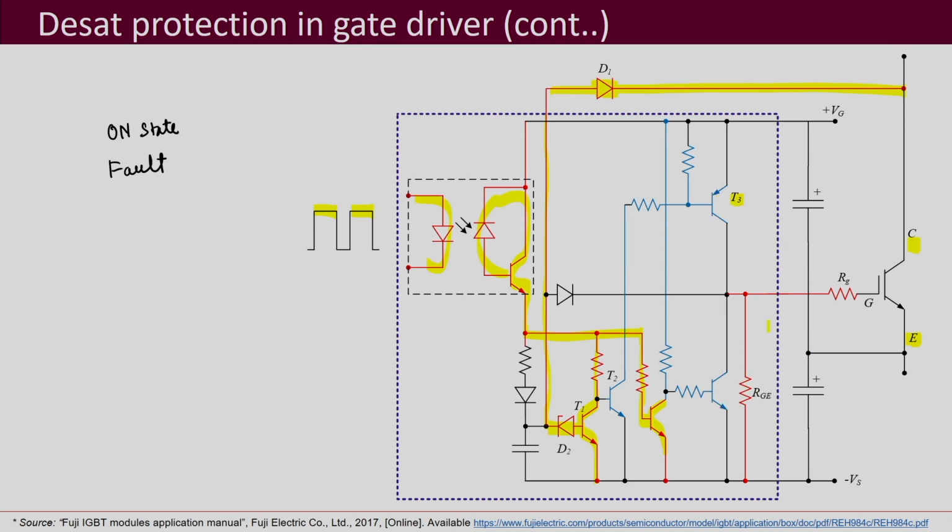So, there has to be something to take care of this gate to emitter to turn off the IGBT. So, this RGE actually absorbs this gate emitter charge, whatever was the charge associated here, and it turns off the IGBT. So, this Zener diode D2 and T1, using them we are able to sense and detect that there is an overcurrent.